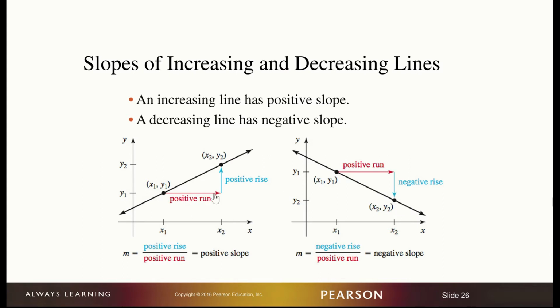Notice how here, to get from this point to this point, you would go up and then to the right, but to get from this point to this point, you would have to go down and then to the right.